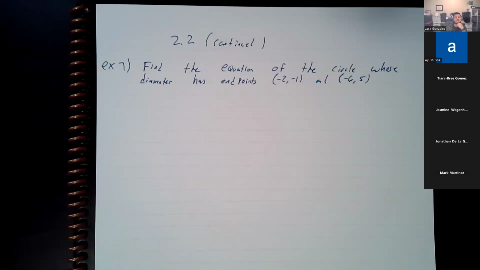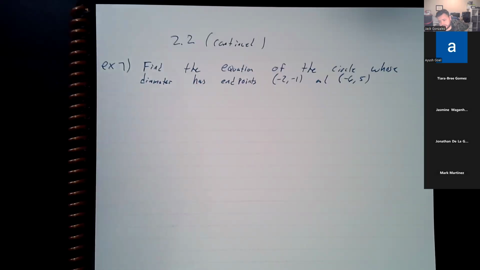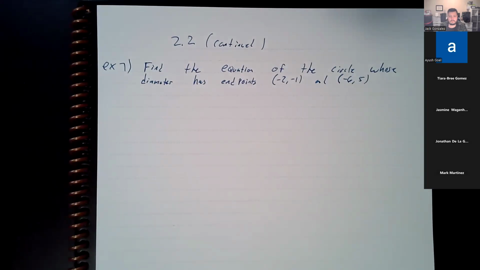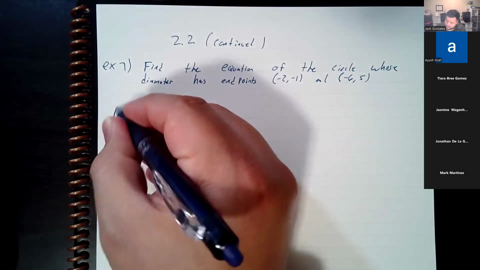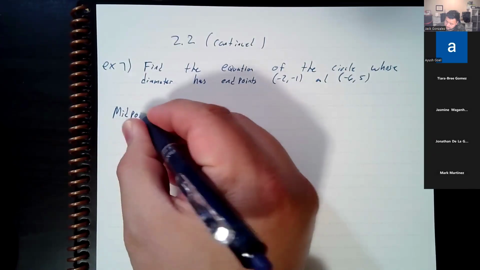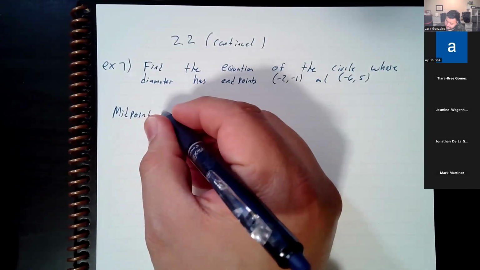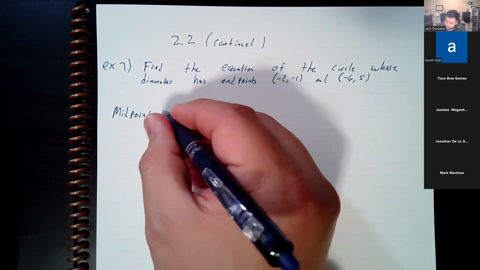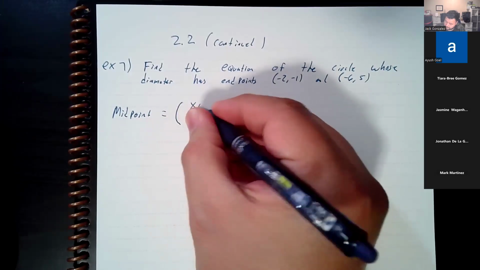We could find the distance and then cut that in two, right? Because that would be the radius. But we could also do the midpoint, and that would be the center, right? But either way, we could do midpoint or distance. There's quite a few different ways to do this. The midpoint formula, I think, is a little bit easier, but it doesn't matter.